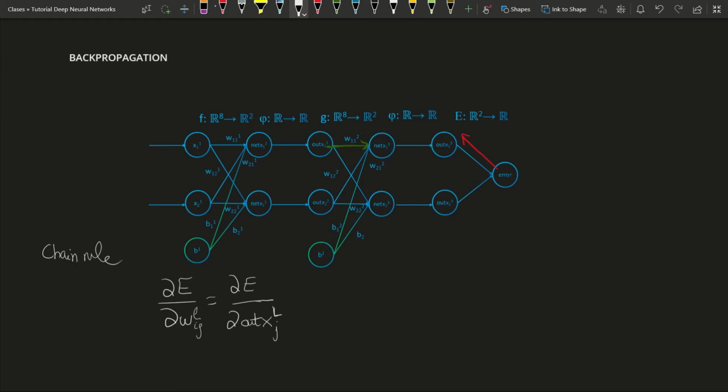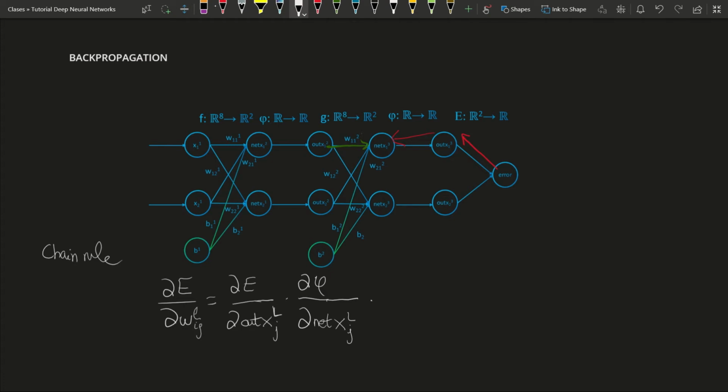So this will be the first derivative, and then we need to calculate this derivative. This derivative will be the derivative of the activation function, that is phi, with respect to the net of g_L.